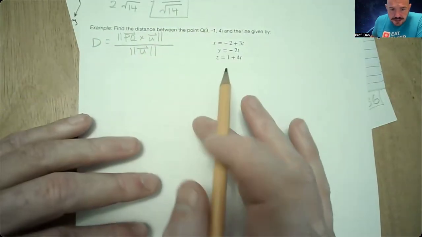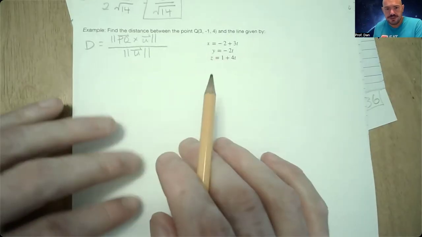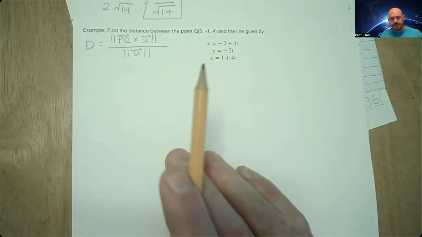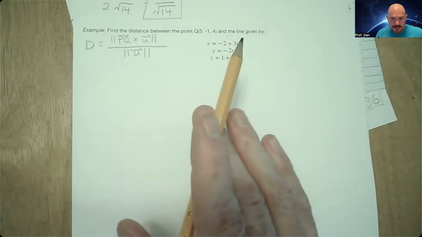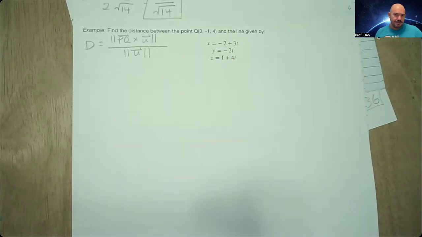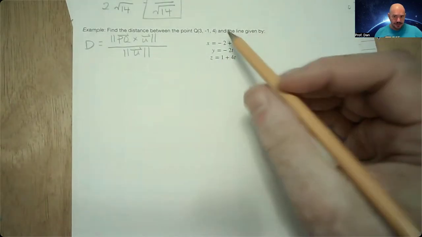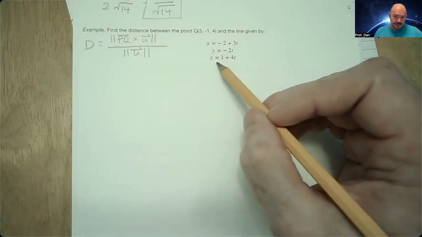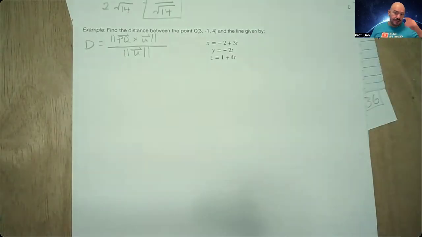So for this, we need to know two things. We need to know PQ, the vector. We need to know the direction vector U. Well, from the parametric equations, remember, how do we get the parametric equations, right? The constants, the intercepts in each of these represent the coordinate of a point that is on that line.